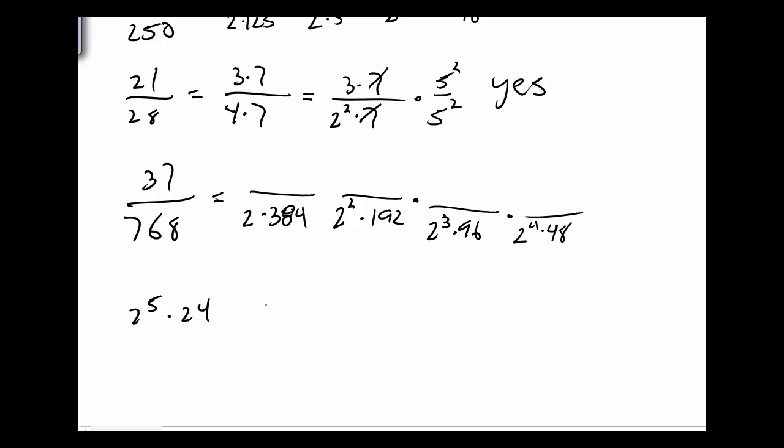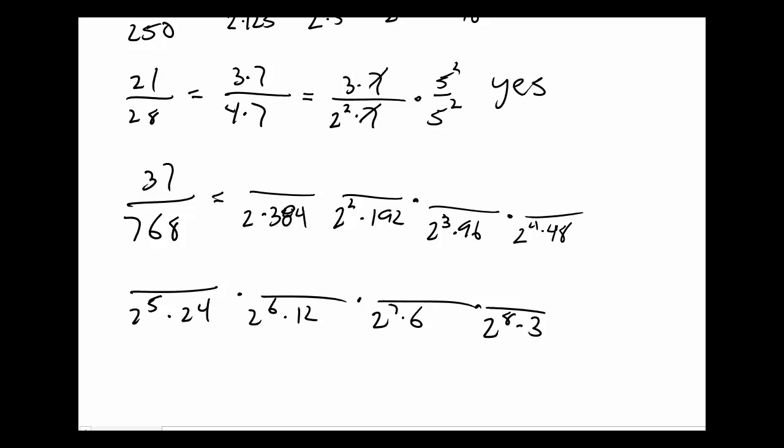Let's keep going. These are all our denominators, by the way. So I got 2 to the 6th times 12. Now I'm starting to see a problem here. Let's just keep going. Divide that by 2, 2 to the 7th times 6, and divide that by 2, I get 2 to the 8th times 3. So notice I've just got this string of denominators. Where do we see the problem?